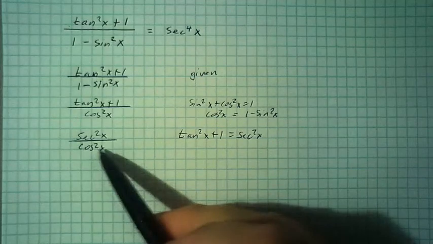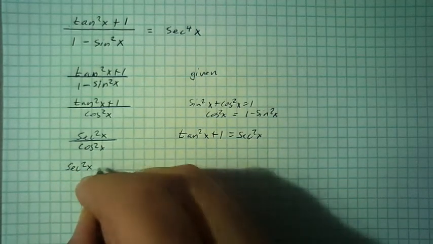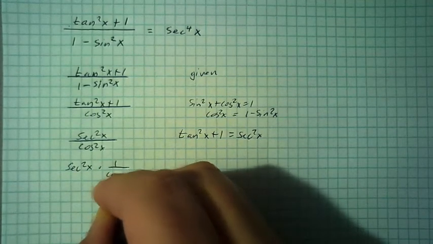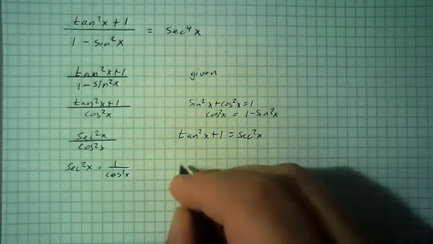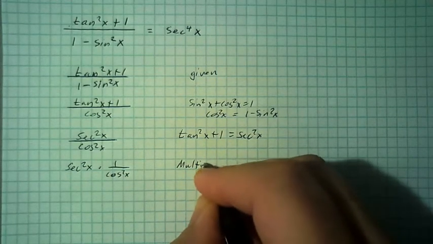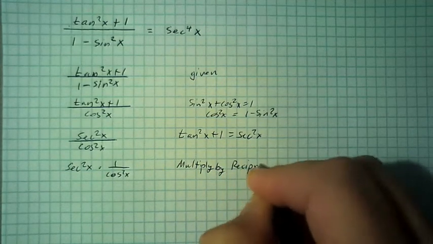I can get rid of this denominator now by multiplying by the reciprocal. So this is secant squared of x times 1 over cosine squared x. That's multiplied by the reciprocal. If you like, it's also the definition of division.